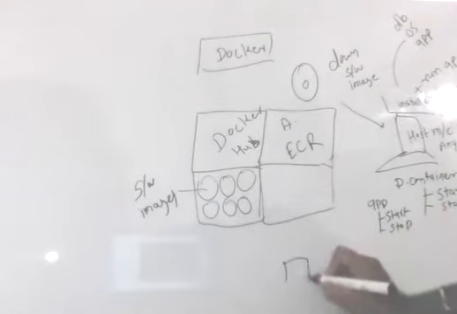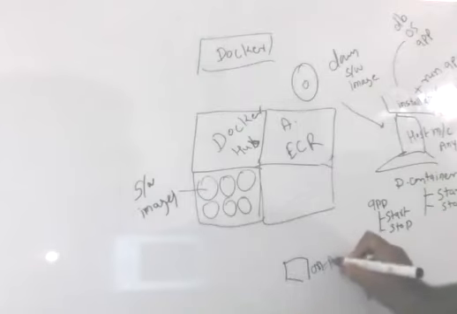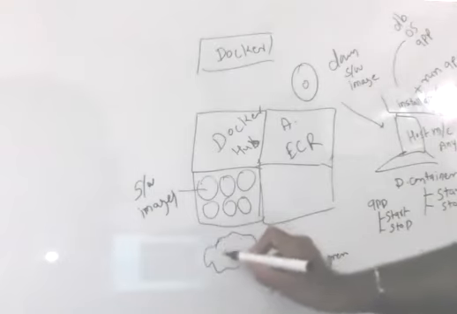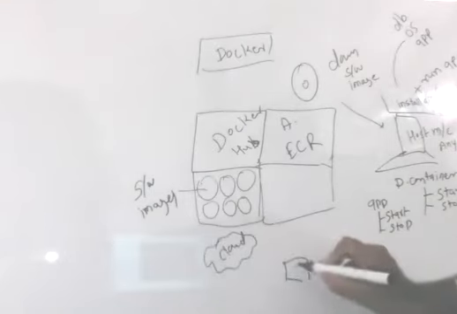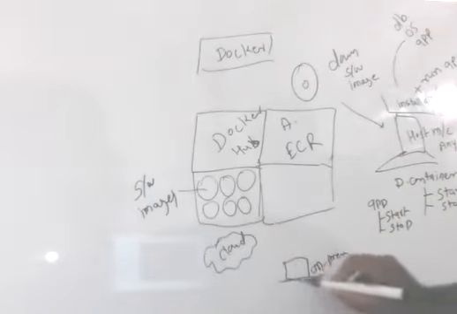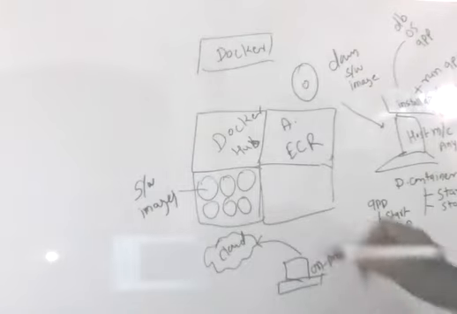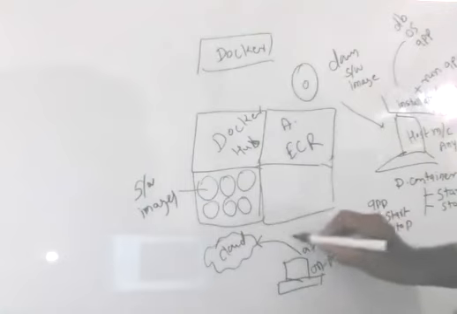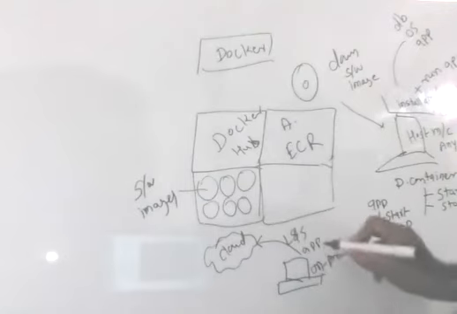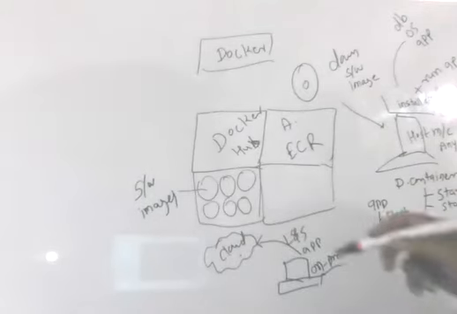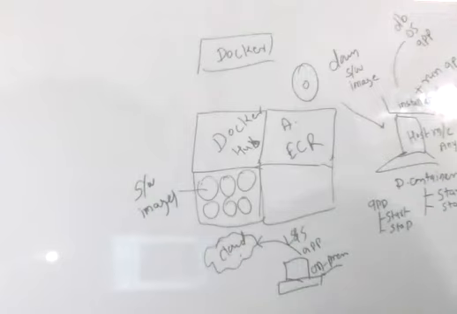Let's say you have an on-premise system and this is your cloud. You want to lift and shift the app from the on-premise system to the cloud system. In that case, Docker will be very helpful for you.